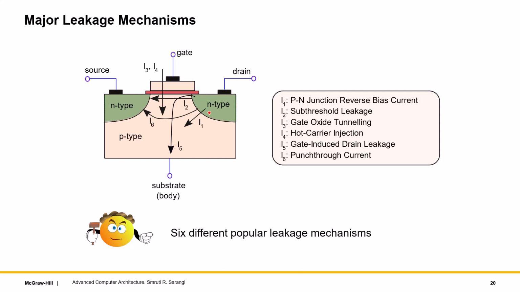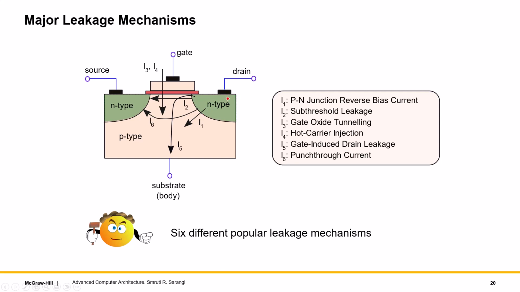All of them kind of break the ideality of an interface. For instance, we have the PN junction reverse bias current, which basically flows from the N type to the P type, which is not something that you would normally expect. So we will discuss what is the reason.